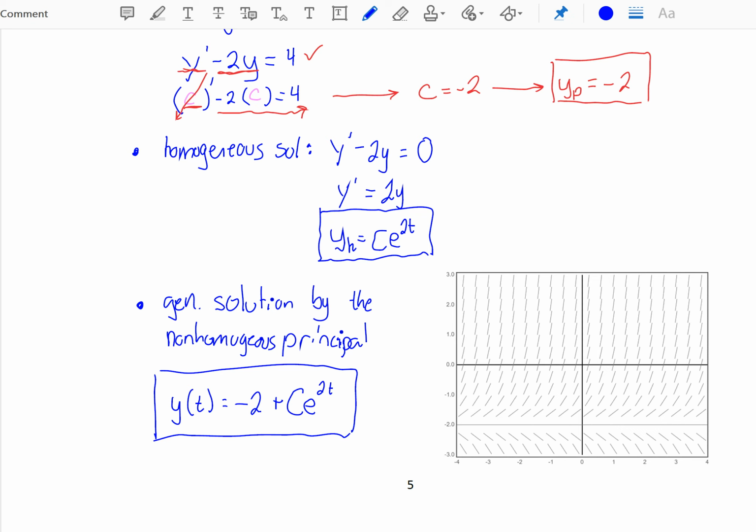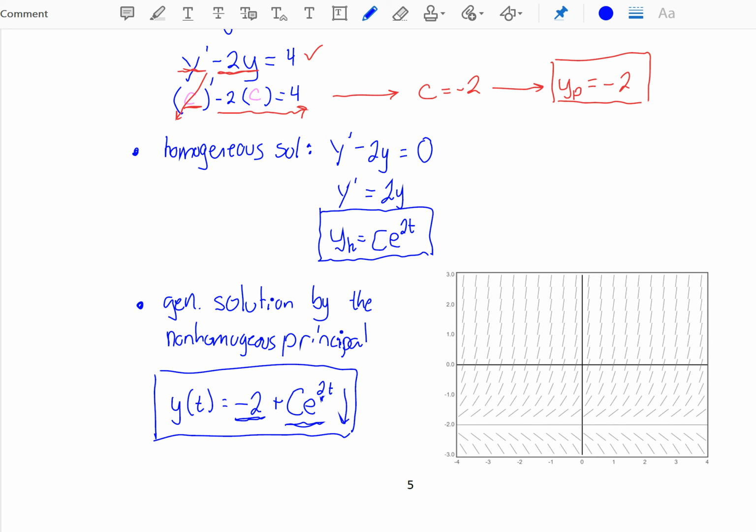Now, graphically, I would like you to see what this looks like in terms of a direction field. Recognize that we know c e to the 2t are exponential functions. They're increasing exponential functions because of your 2t, your positive exponent. And then also recognize from algebra, we know the negative 2 should do a vertical shift downward of our known function.